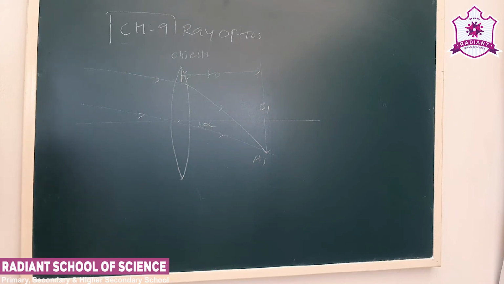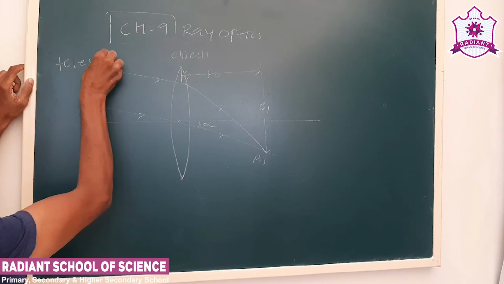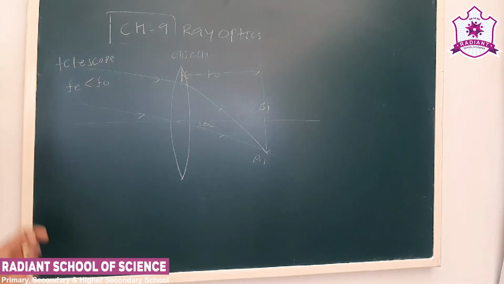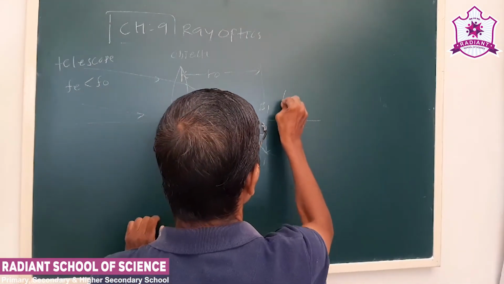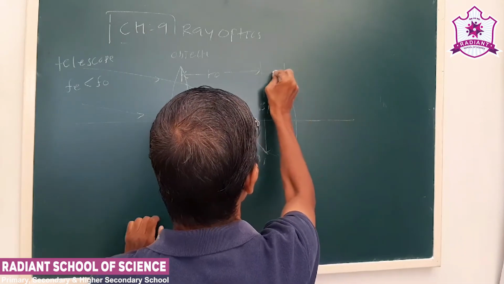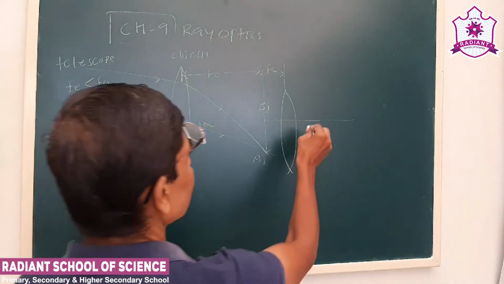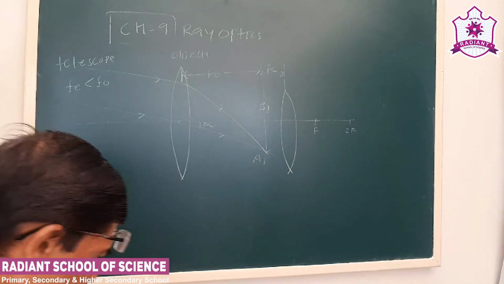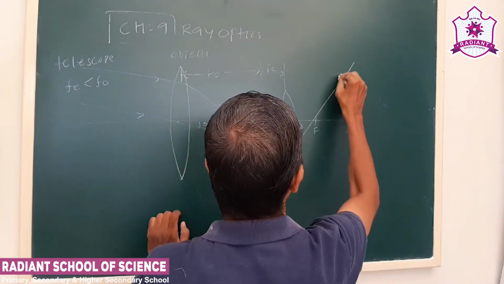Now here in a telescope, Fe is smaller than F0. Now we adjust the second lens in such a way that the image formed by the first lens is within the focal length of the eyepiece. How is the image formed? Let us say the first ray is parallel to the principal axis.